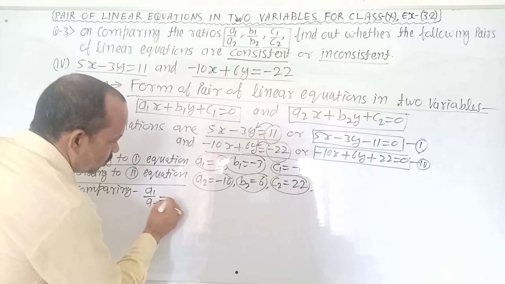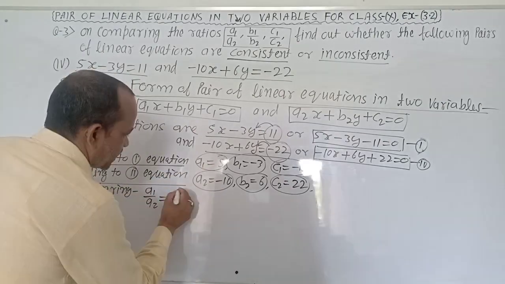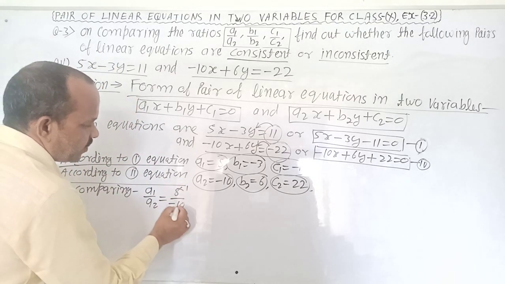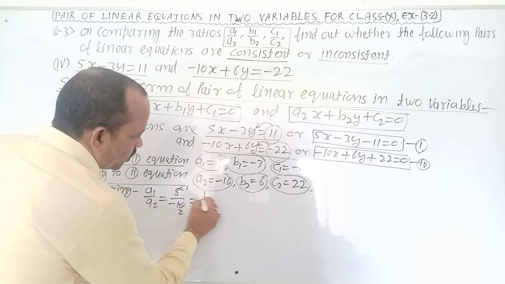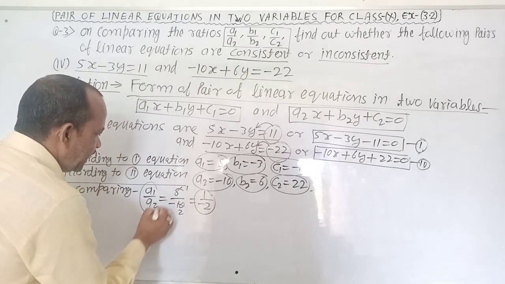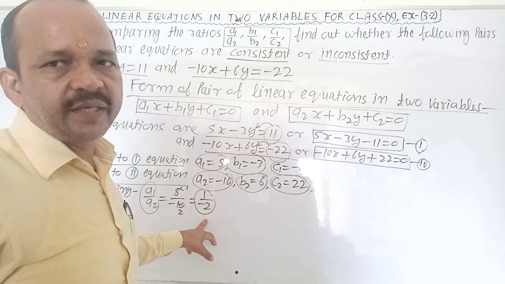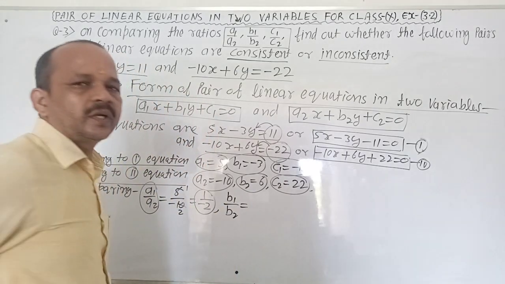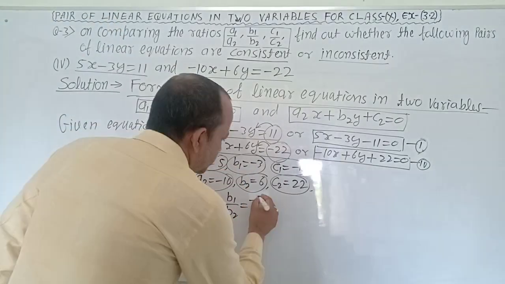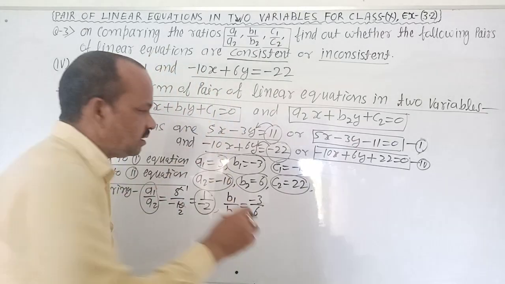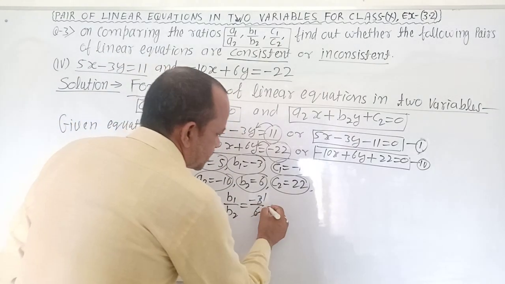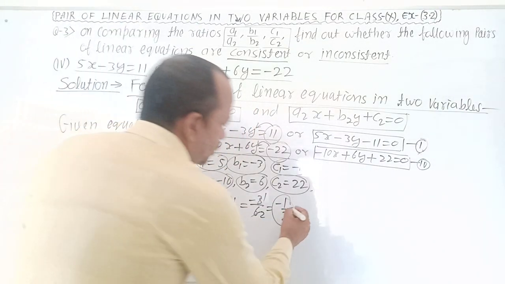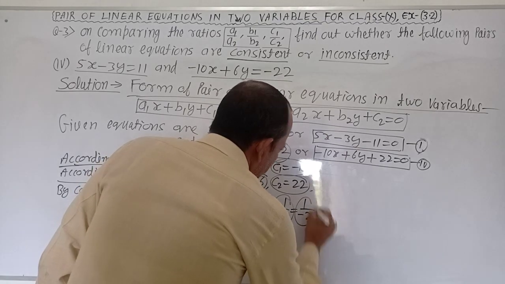a1 by a2 equal to 5 by minus 10. You can cut it: 5 ones are 5, 5 twos are 10. It becomes 1 by minus 2. You find a1 by a2 equal to 1 by minus 2. b1 by b2 equal to minus 3 by 6. You can cut it: 3 ones are 3, 3 twos are 6. Equal to minus 1 by 2, equal to 1 by minus 2.